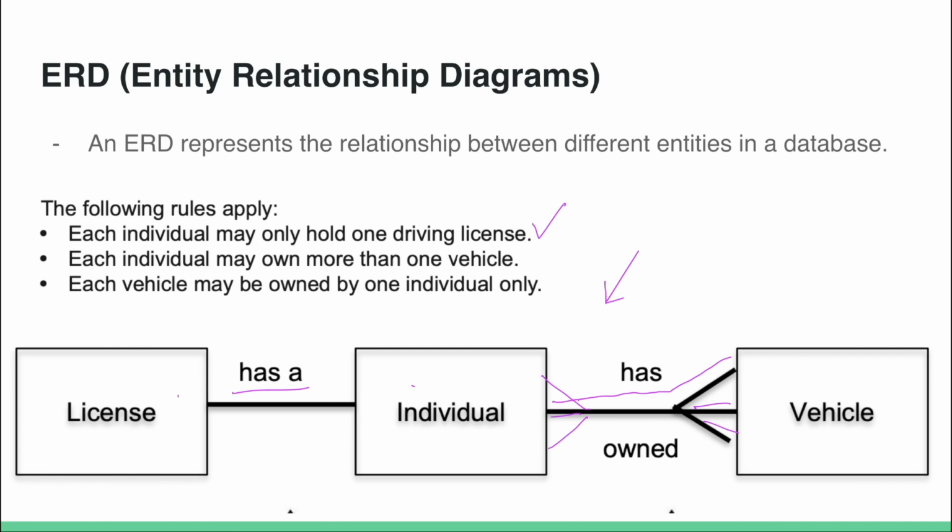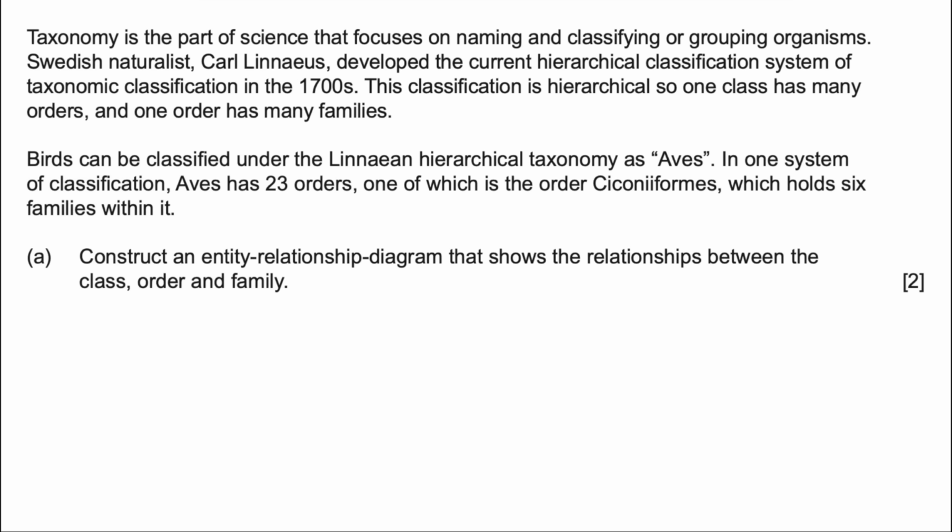So that being said, let's look at an example just to give you a better idea of how this works and how you draw these diagrams. So right here it says taxonomy is the part of science that focuses on naming and classifying or grouping organisms. You can definitely trust the IB staff to come up with an example like this. Swedish naturalist Carl Linnaeus developed the current hierarchical classification system of taxonomic classification in the 1700s.